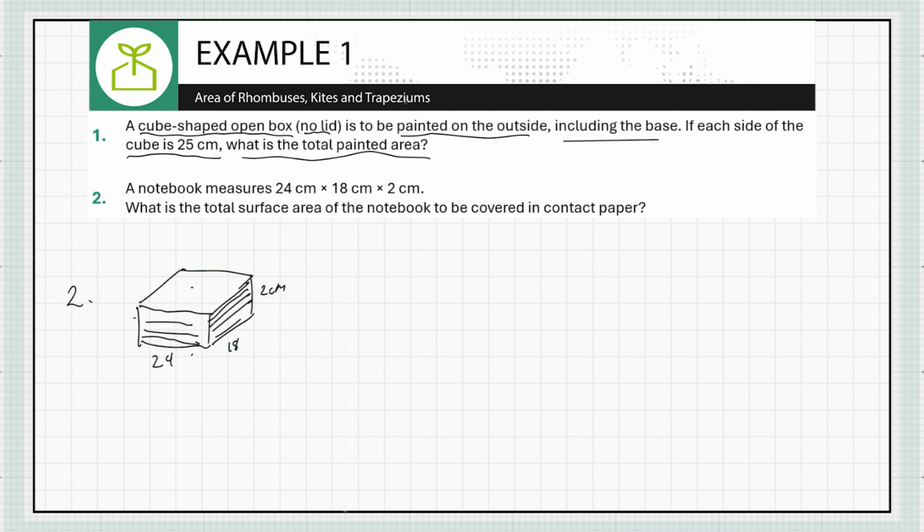So in reality, we're calculating a pair on the top and the bottom for the surface area, and then we're calculating the back side. The surface area that needs to be covered is equal to the top and the bottom, so 2 times 24 times 18. And then we're going to add on 1 group at the back. We know it's 2 centimeters tall and we know it's 18 centimeters long.